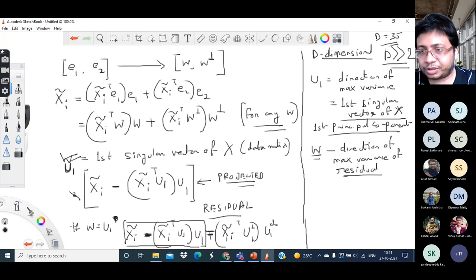That is pretty much the same thing as we had done earlier. What I want to do is maximize W transpose C1 of W. Sorry, wait.